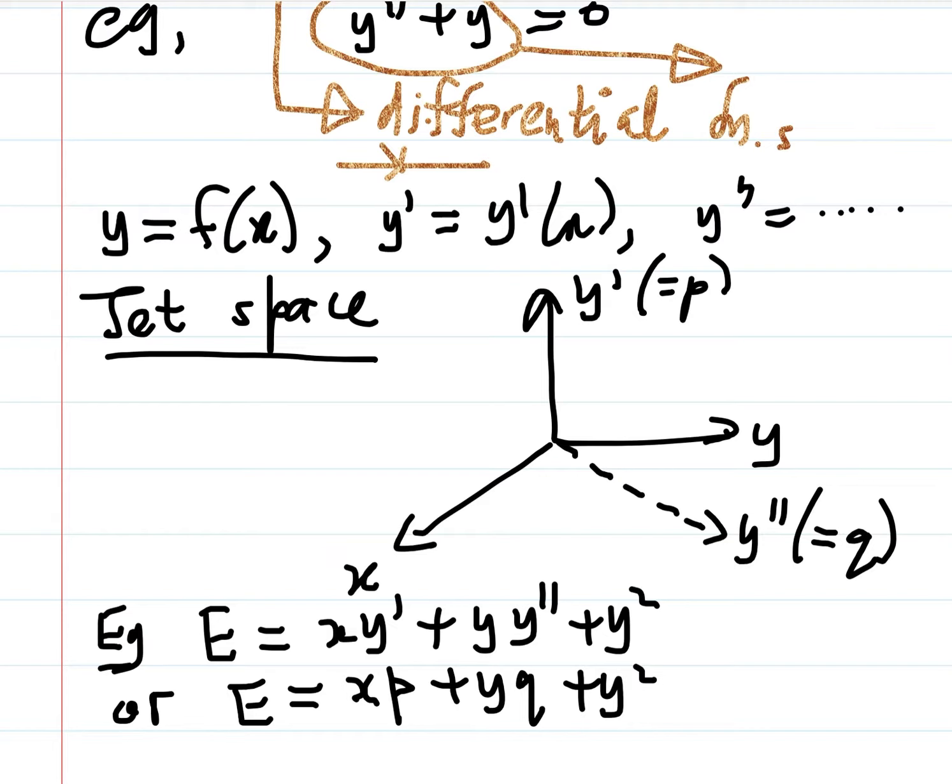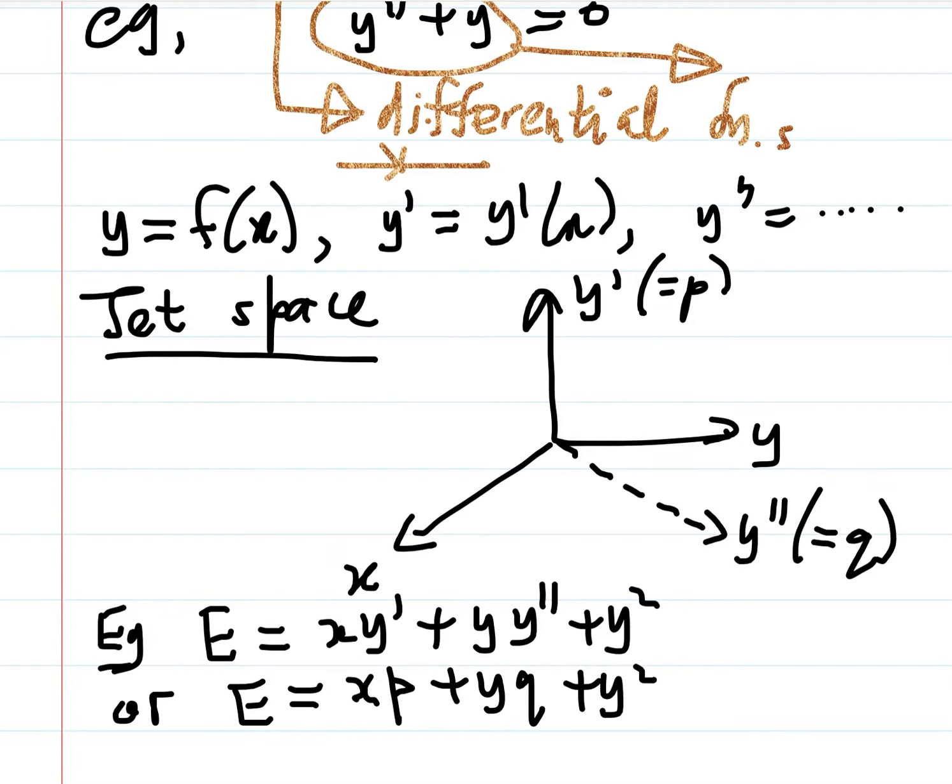For example, this function e of x, y, p and q, or x, y, y dash and y double dash, is operating in a subset of R4. So it's a surface in R4, and therefore it's a manifold in R4.